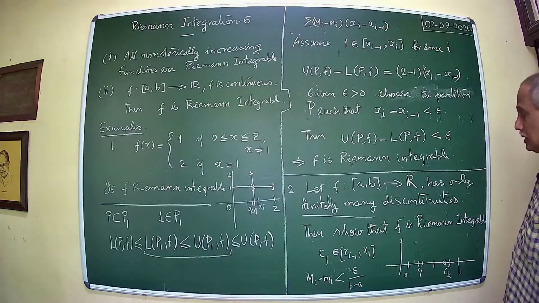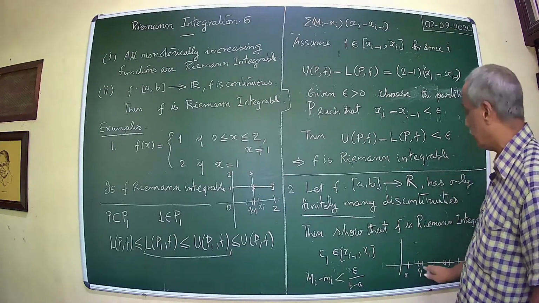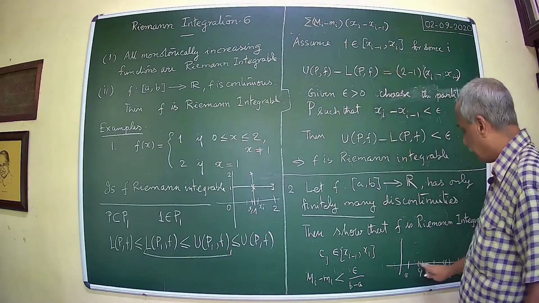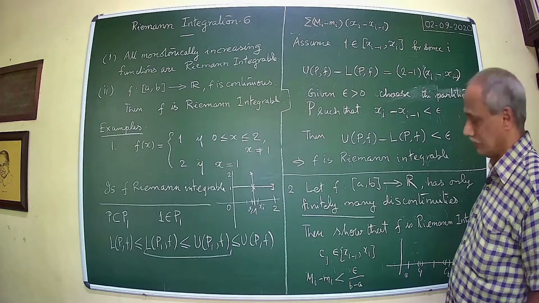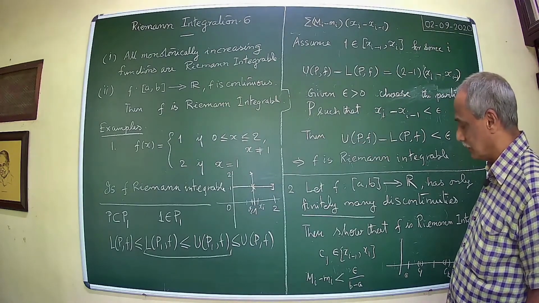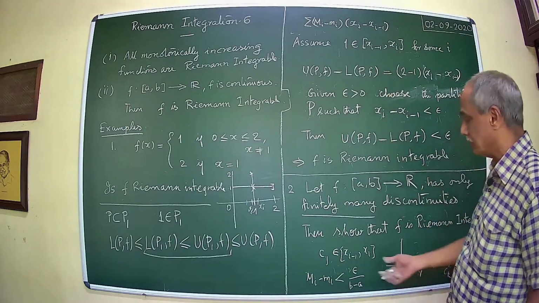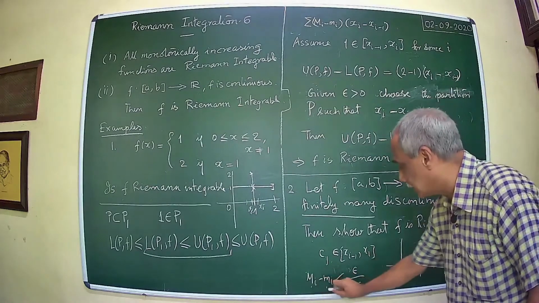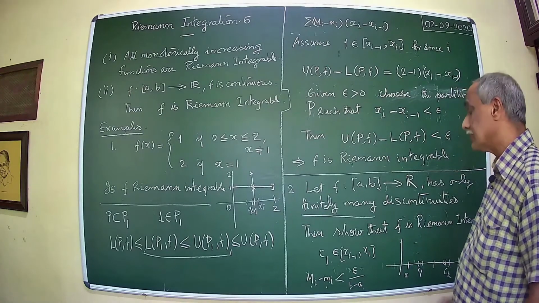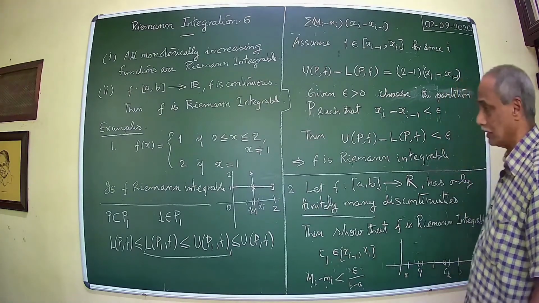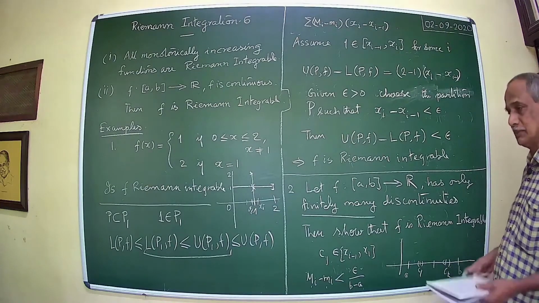And then make the sum corresponding to the intervals not having discontinuities small using continuity. That is by choosing the interval length small enough so that Mi minus small mi is less than epsilon by b minus a. This can be done because of the continuity on those intervals. But at or around these points it is not possible.